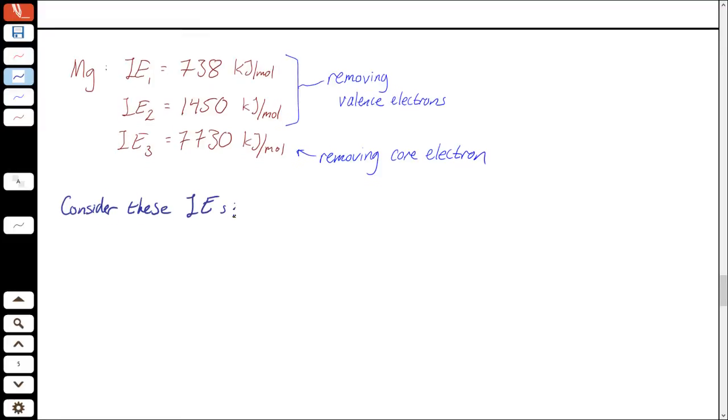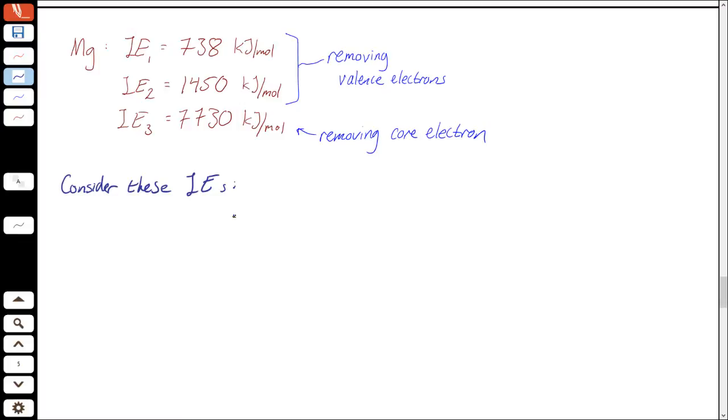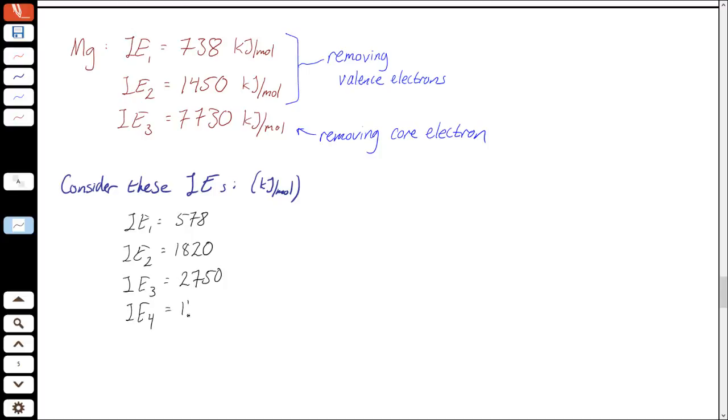Consider these ionization energies. And these are all in kilojoules per mole. One, 578. Two, 1820. Three, 2750. Four, 11,600.